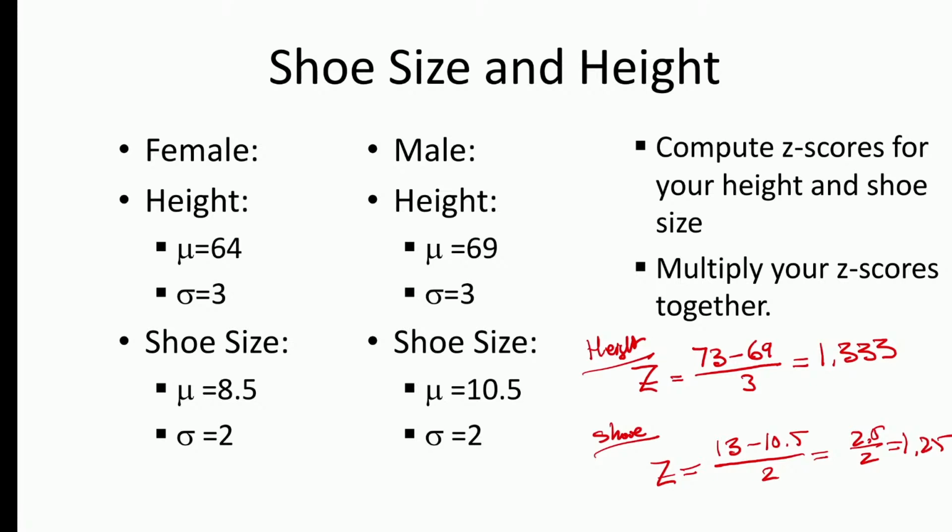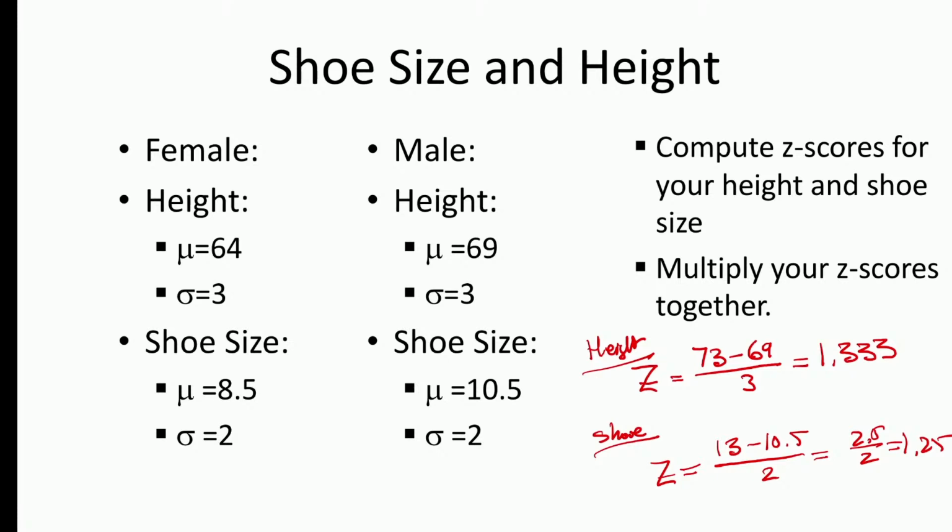And if you have 0, 0, you're right there at the mean. Perfect. Average, right? Anyway, so you've got your two numbers.